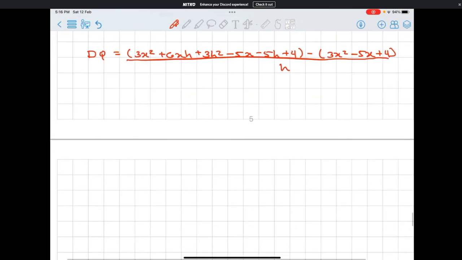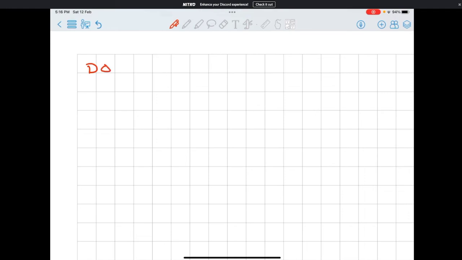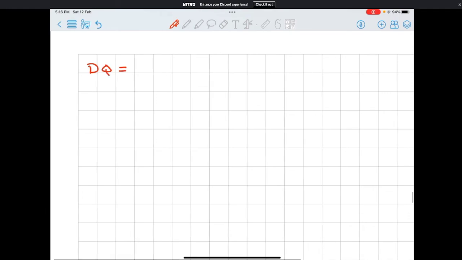Okay, so now that we have this, I'm going to take it down here. Hold on, let me rewrite this. 3x squared, 6xh, 3h squared, minus 5x, minus 5h plus 4.